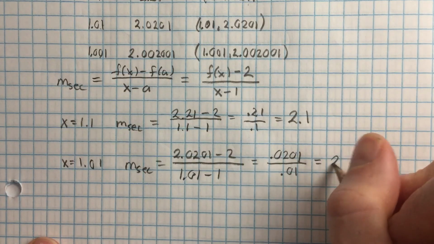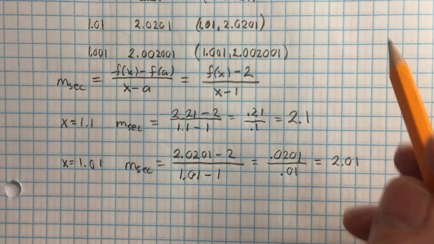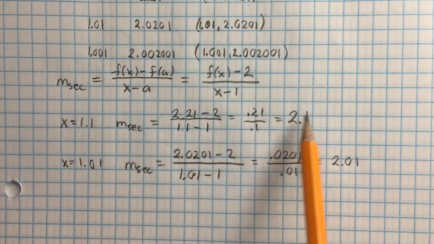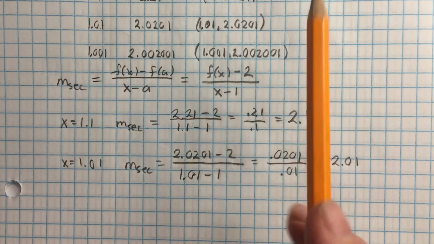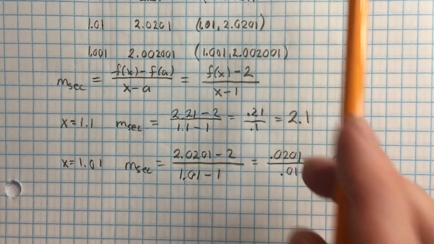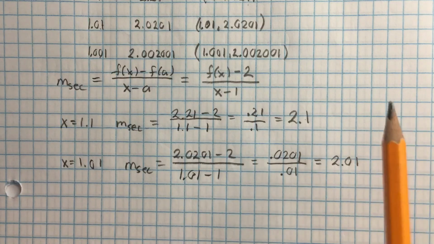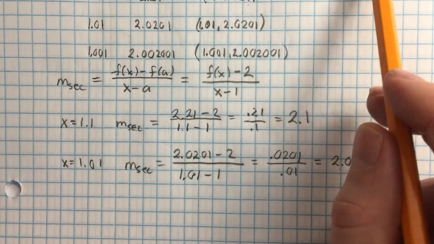We will have 2.01. The pattern is already getting pretty clear. And again, what does this pattern represent? It represents the slope of the secant line, 2.1, as the point on the curve that's to the right of this one gets closer to this one. The secant slopes become more and more like the slope of the tangent at (1, 2).